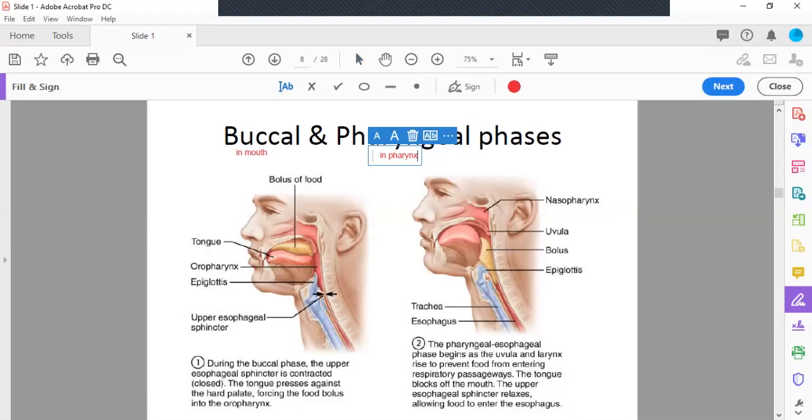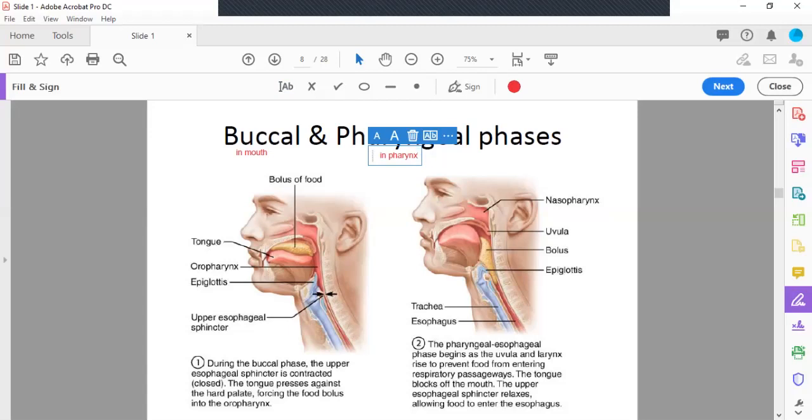So once again, let's see how this works. The tongue pushes the bolus of food up against the palate as it moves towards the oropharynx, forcing the bolus to move into the oropharynx.